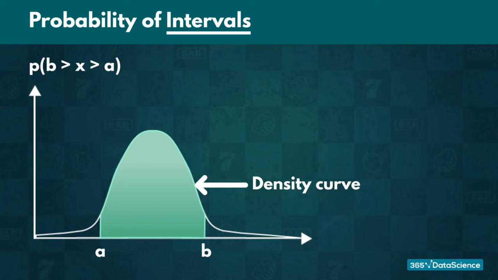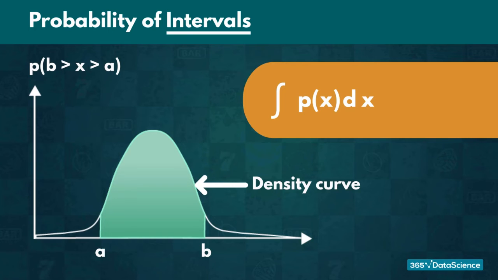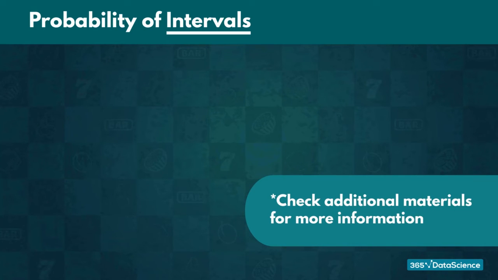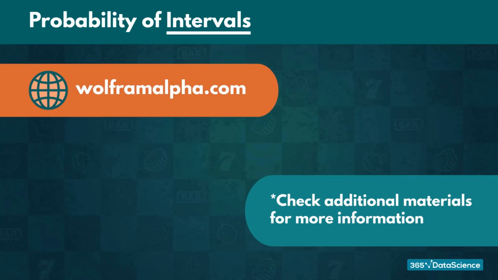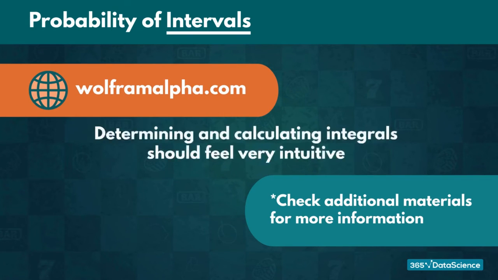We find this area by computing the integral of the density curve over the interval from A to B. For those of you who do not know how to calculate integrals, you can use some free online software like wolframalpha.com. If you understand probability correctly, determining and calculating these integrals should feel very intuitive.